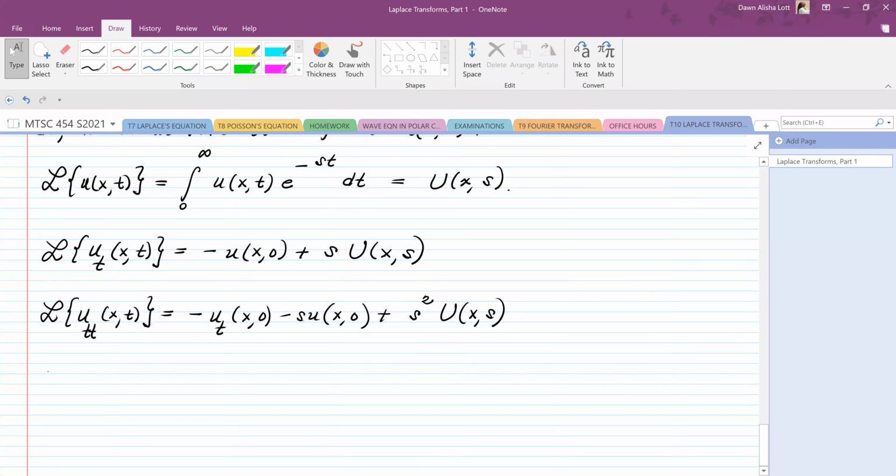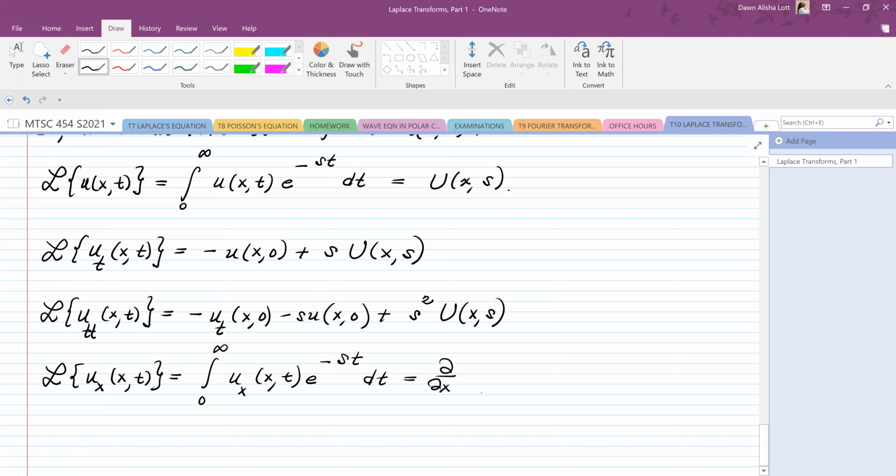The Laplace transform of u sub x of x and t is the integral from 0 to infinity of u sub x of x and t e to the minus st dt. But that's the partial with respect to x of the integral from 0 to infinity of u of x and t e to the minus st dt.